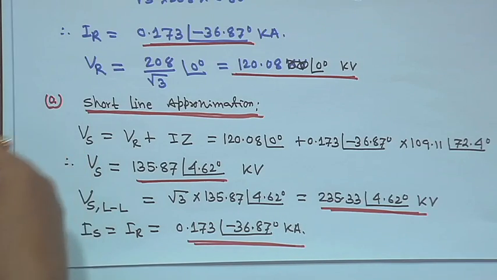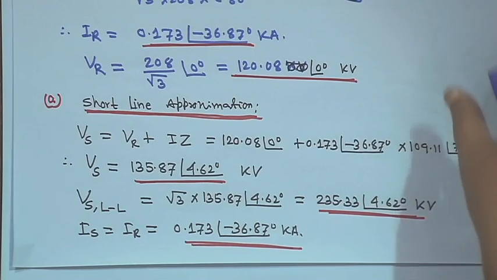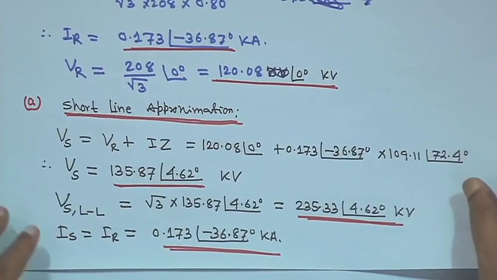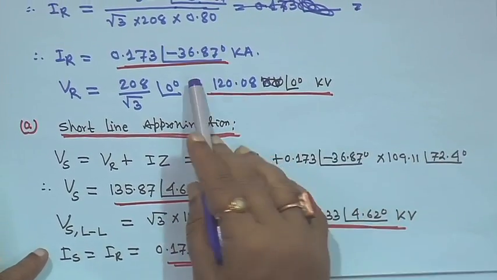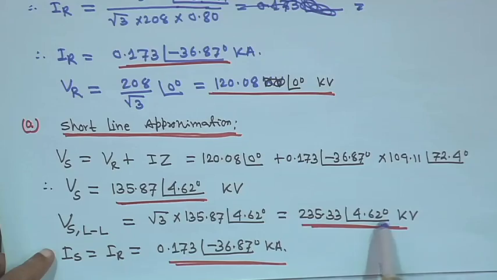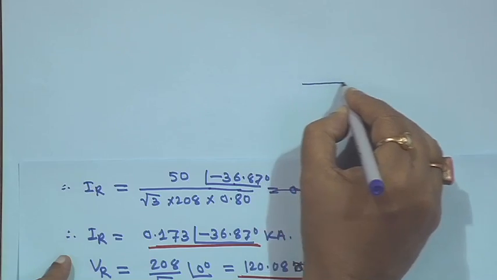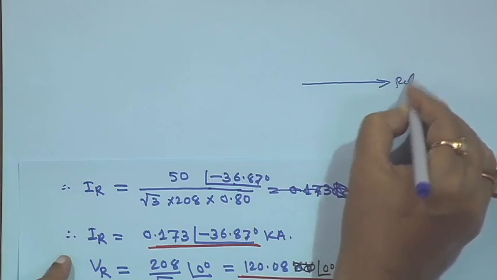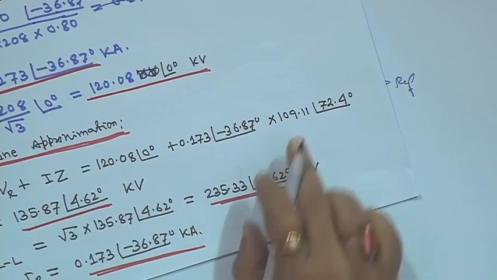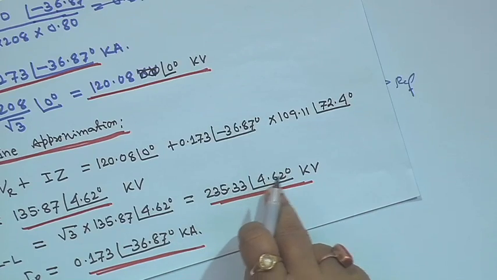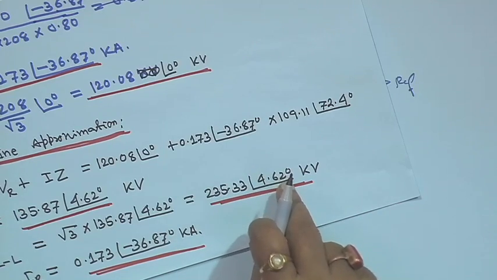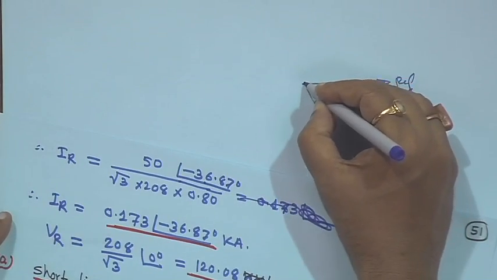Therefore, for the sending end power factor, I have told you that the current angle is minus 36.87 and the voltage angle is 4.62. Once again, suppose this is your reference line, and the sending end voltage Vs is 235.33 at 4.62 degree from this reference line.